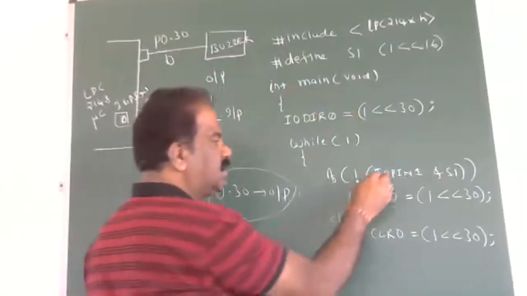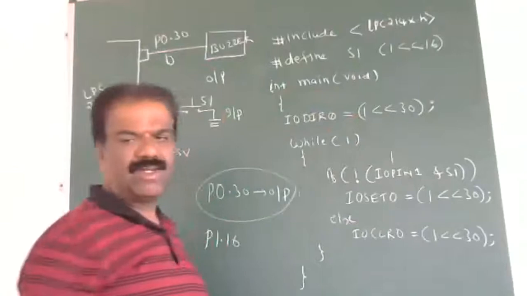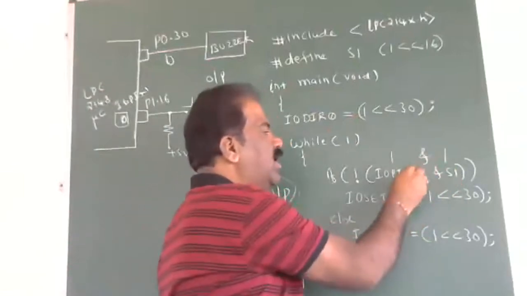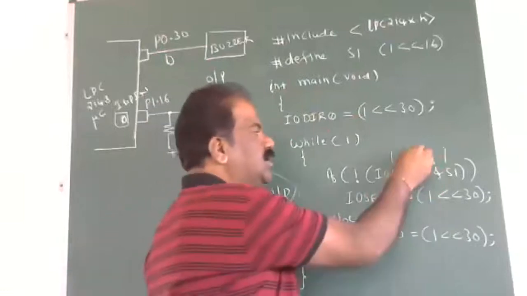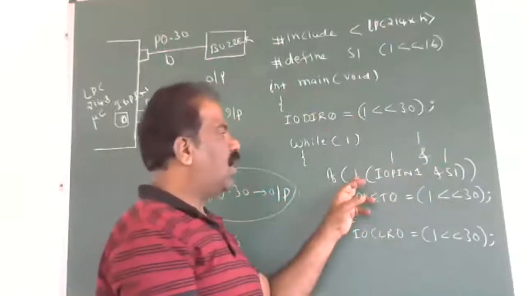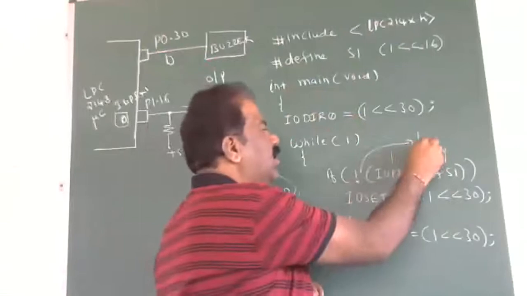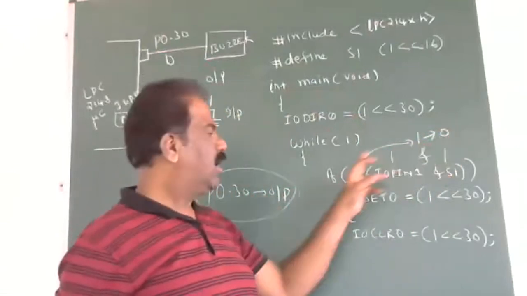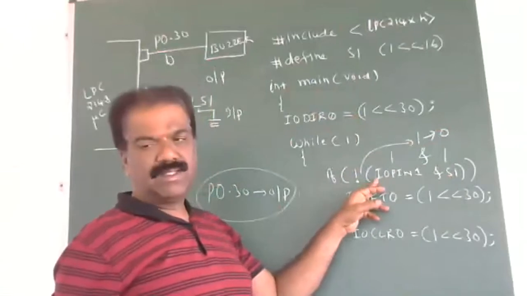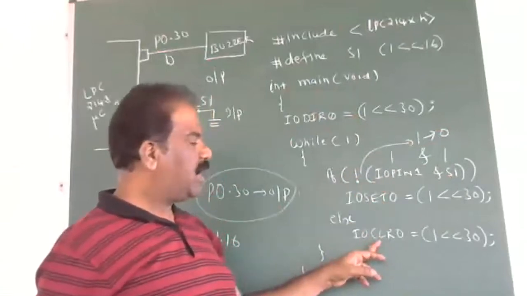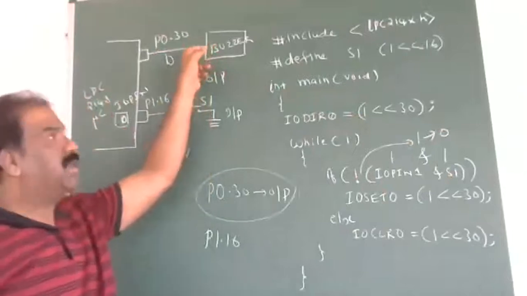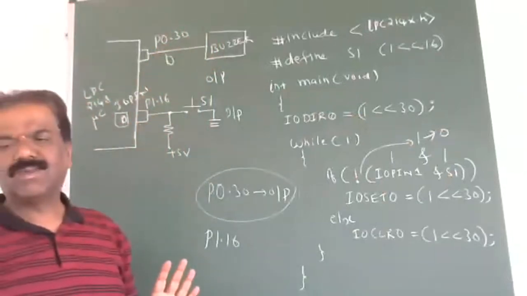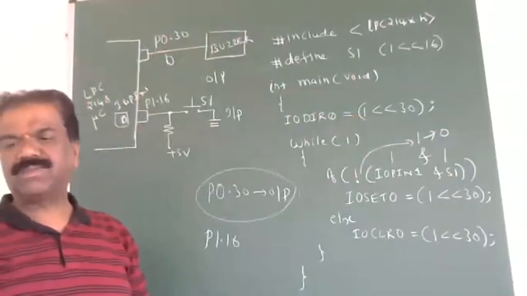So this is replaced by 1, and the status of S1 is also 1. That becomes 1 in total. Therefore, not 1 becomes 0. If it is 0, that is false, so make this pin, P0.30, low, which means off. You won't get any beep sound.